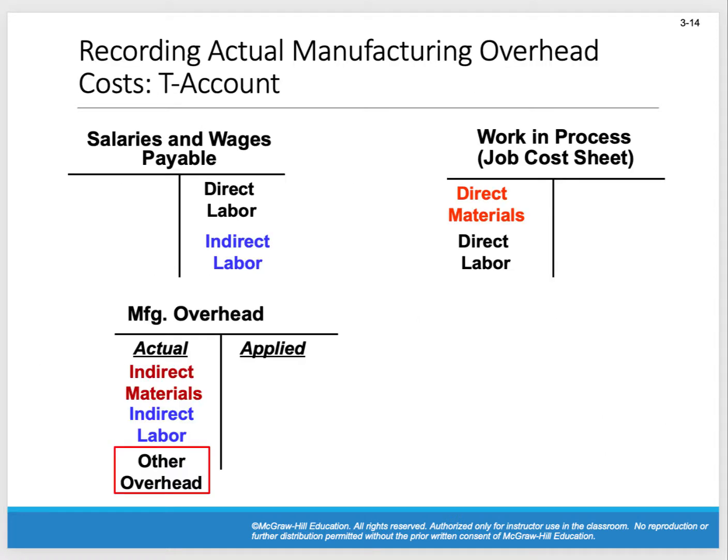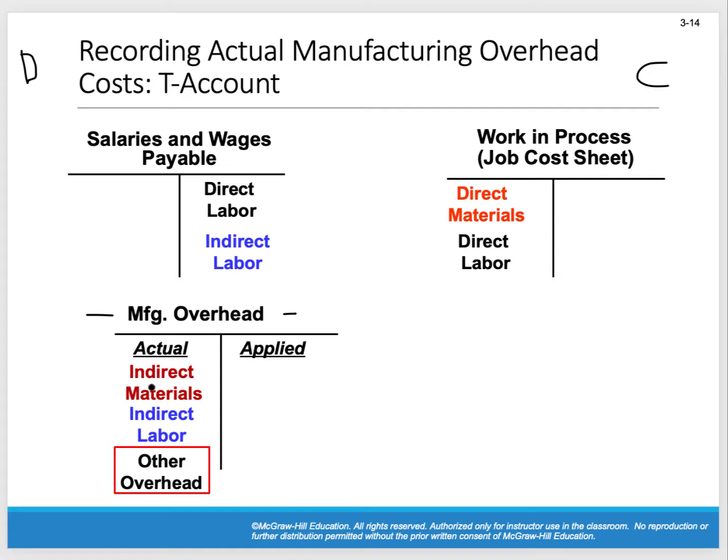Okay. So now we need to look at this manufacturing overhead, right? What do we do? Well, manufacturing overhead's a special account, right? Because notice the left side, or the debit side, because lefts are debits, right sides are credits. On the debit side, we have all the costs that we actually incurred, right?